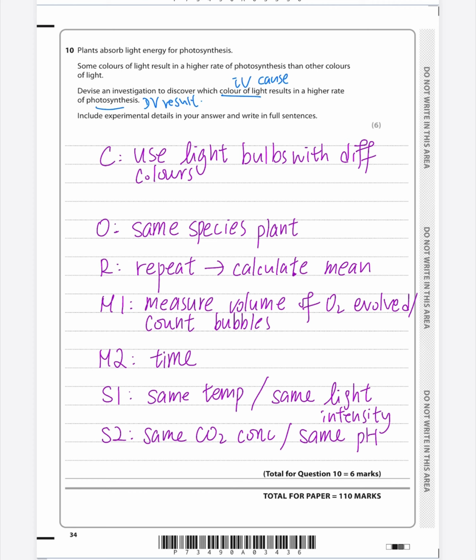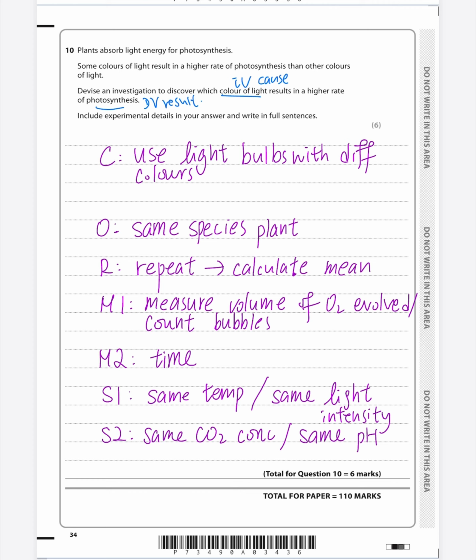Then we measure the volume of each setup and then divide by 100. So this is how we repeat and calculate the mean. Another point for measure is the time we use. For example, we say, let the setup stay there for 30 minutes. Just a reasonable time, but not just 1 minute. That is unreasonable, right?